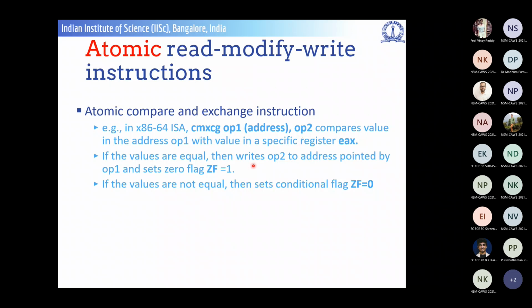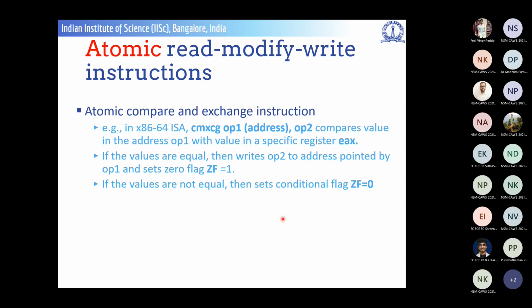If these values are equal, this is conditional, then it will write the value that you have provided as the op2 in this instruction into this address, the same address that was just loaded, and put the zero flag to 1, so that later somebody can figure out whether this particular instruction succeeded or not, because this is a conditional. If the loaded value doesn't match with the value in the EAX register, then this store part where you take the op2 and write to the address would not happen.